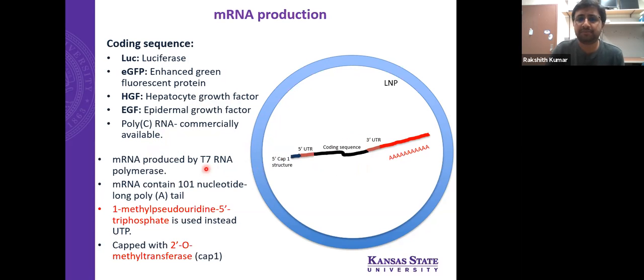The mRNA is produced using a T7 RNA polymerase kit and contains a 101 nucleotide long poly A tail, and as I said, it is a nucleoside modified mRNA. They used N1-methyl pseudouridine 5' triphosphate instead of uridine triphosphate.